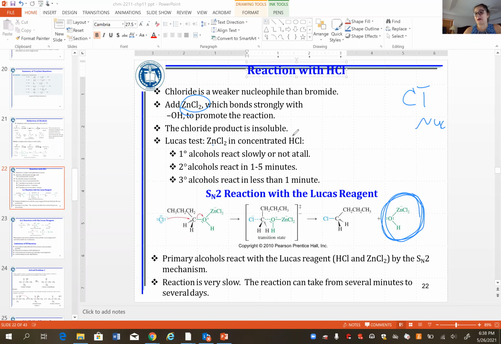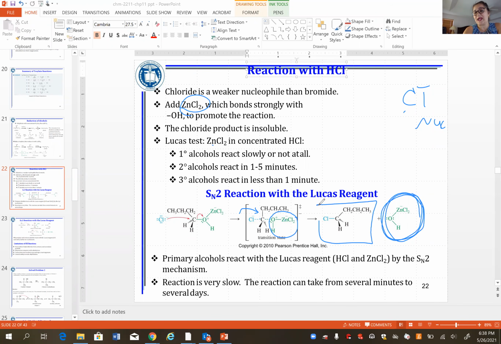Another way is to bring zinc chloride, especially if you are using HCl. The zinc chloride forms a bond with the OH and helps it become a better leaving group. Then your nucleophile comes in and forms a bond with the carbon, and since carbon cannot have more than four bonds, the leaving group leaves.